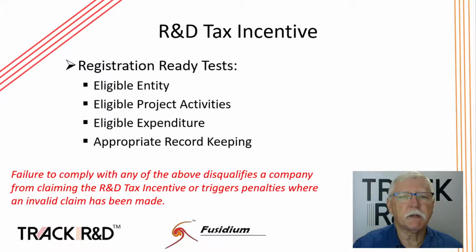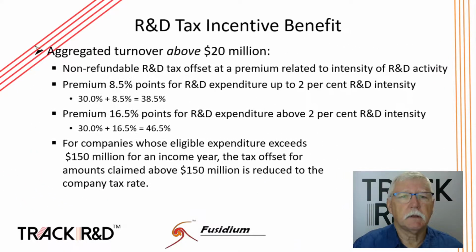So what are the benefits that can flow to a corporation from the R&D tax incentive? If you are a larger entity with a turnover of more than 20 million, the R&D tax incentive is a non-refundable tax offset that is set at a premium that is linked to the intensity of the R&D activities within the organisation.